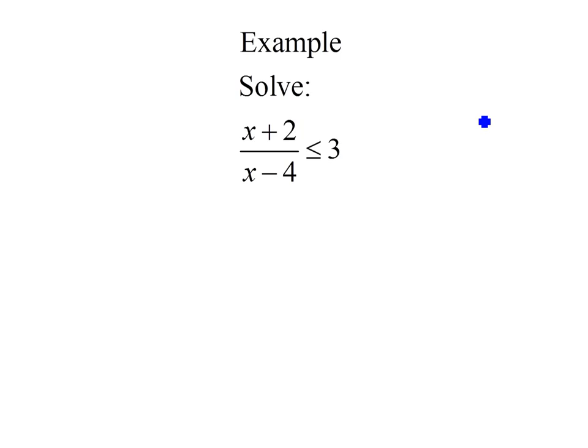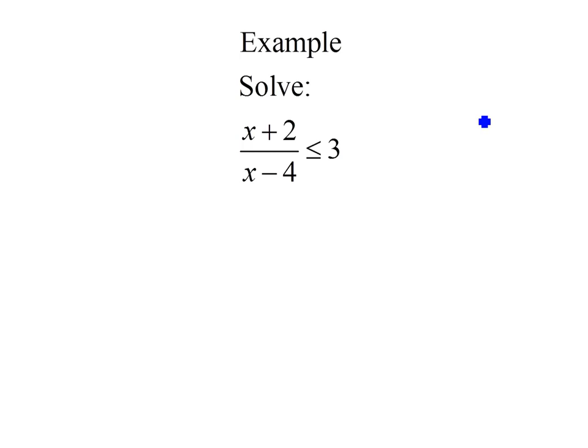Okay, let's try this one. This is scaring me. I don't even think this is going to be a quadratic, but let's try it. Okay. So we're going to have 3x minus 12 is less than or equal to x plus 2. Well, what do you see?